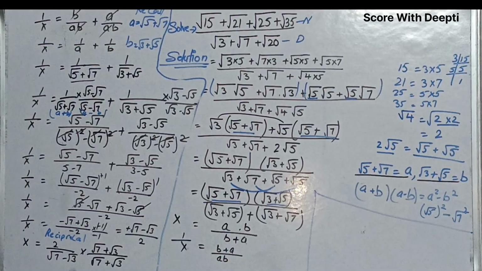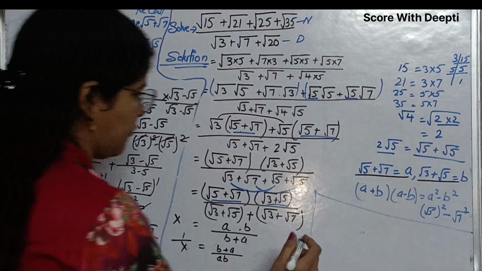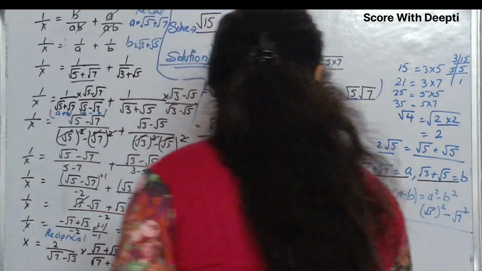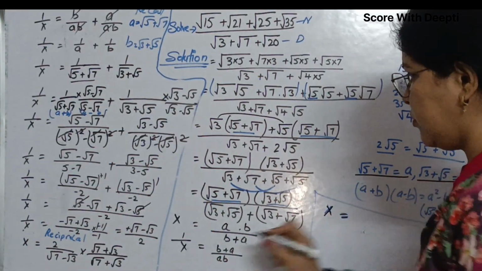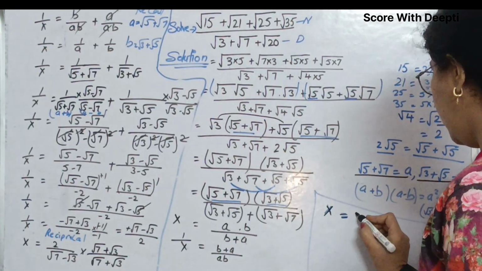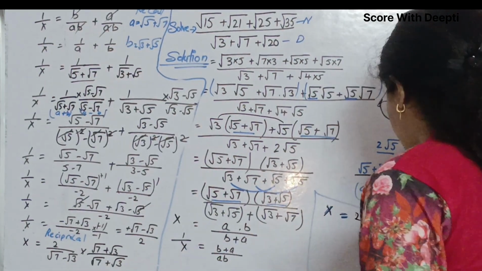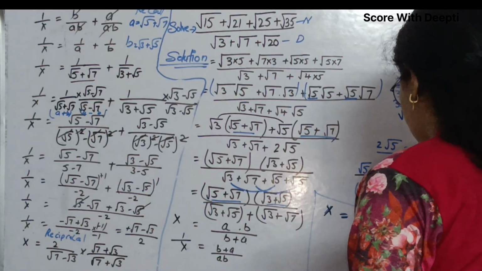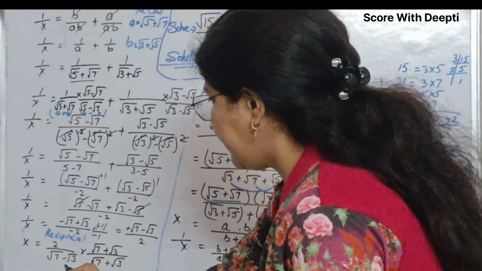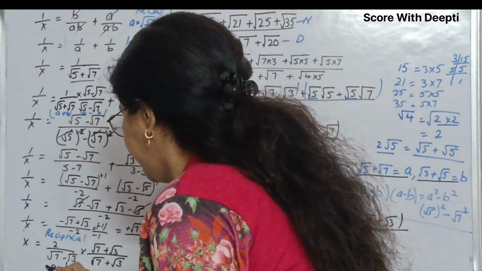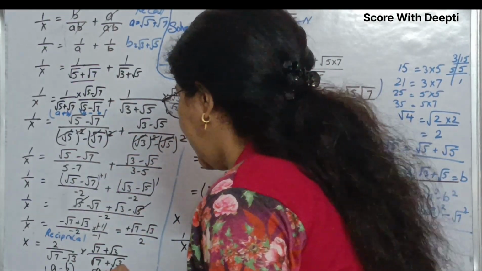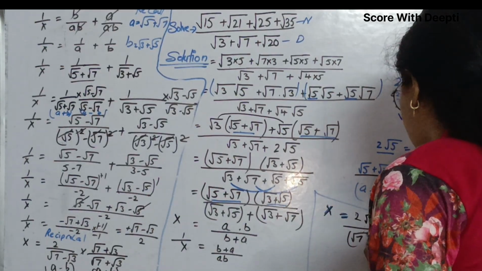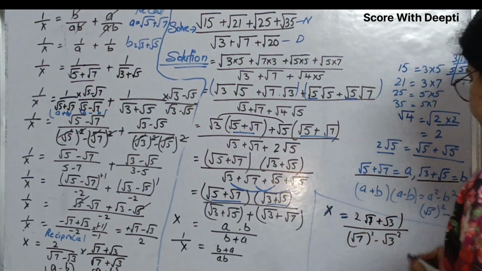First we multiply with 2, and we get x equal to 2 into square root 7 plus square root 3 over a minus b and a plus b, which equals a square minus b square, means here square root 7 square minus square root 3 square.